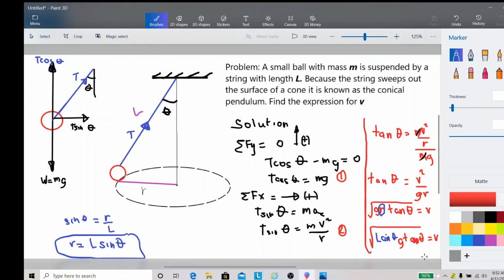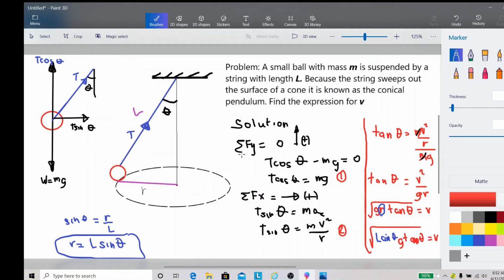That's our solution. The key takeaways: you treat this horizontal movement as a centripetal action, and then you just treat the vertical as in equilibrium, because there is no vertical motion.